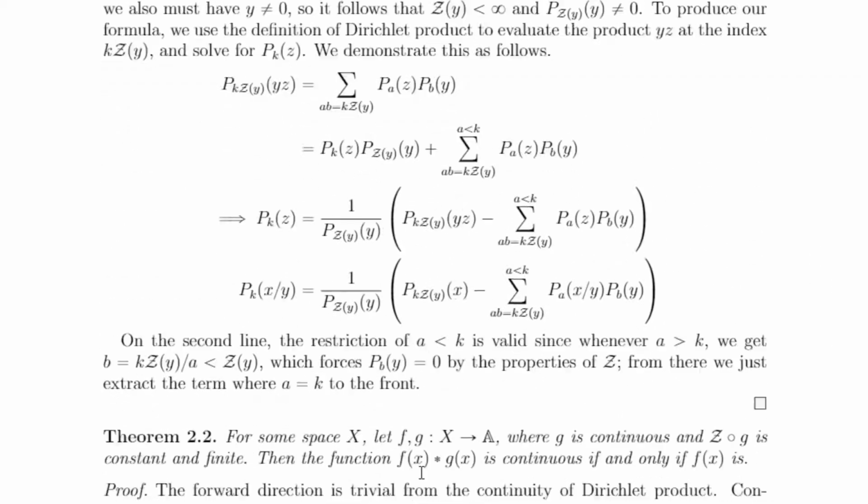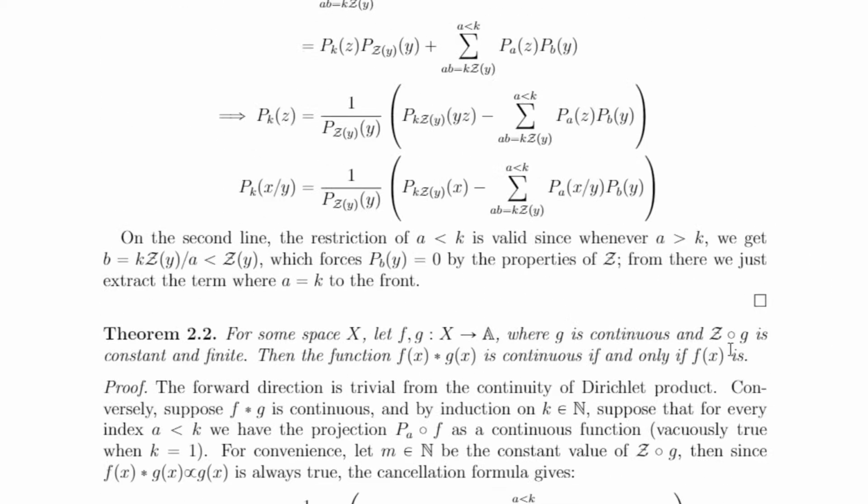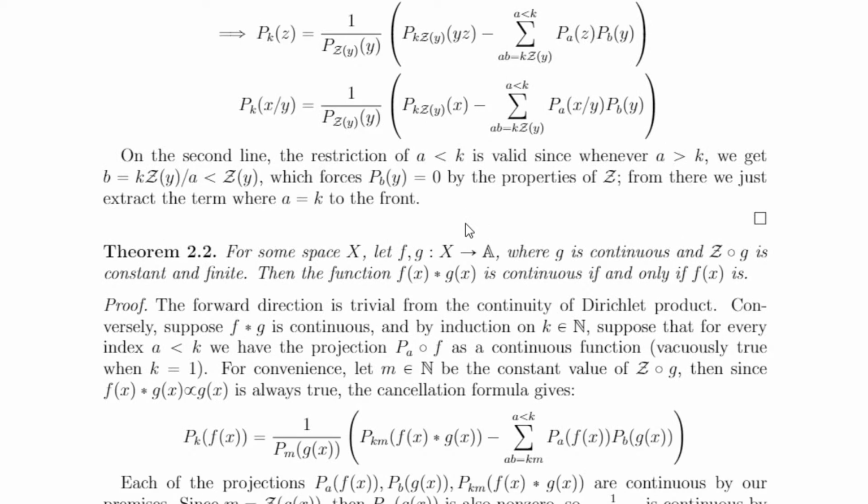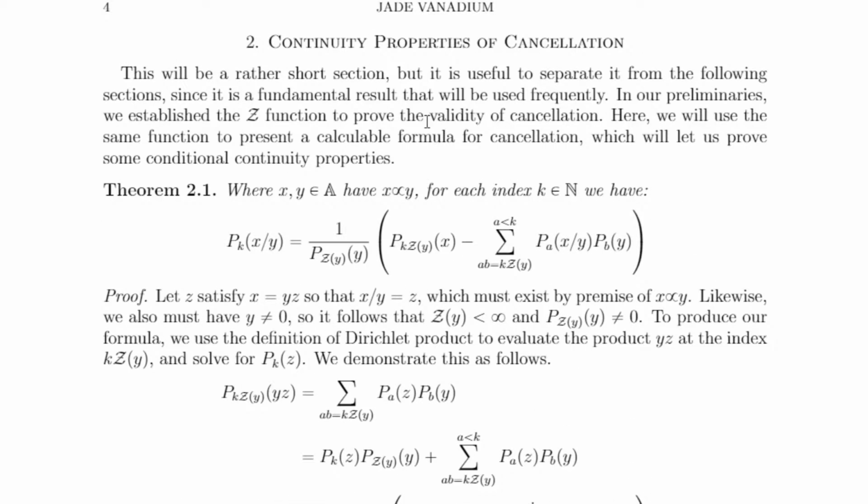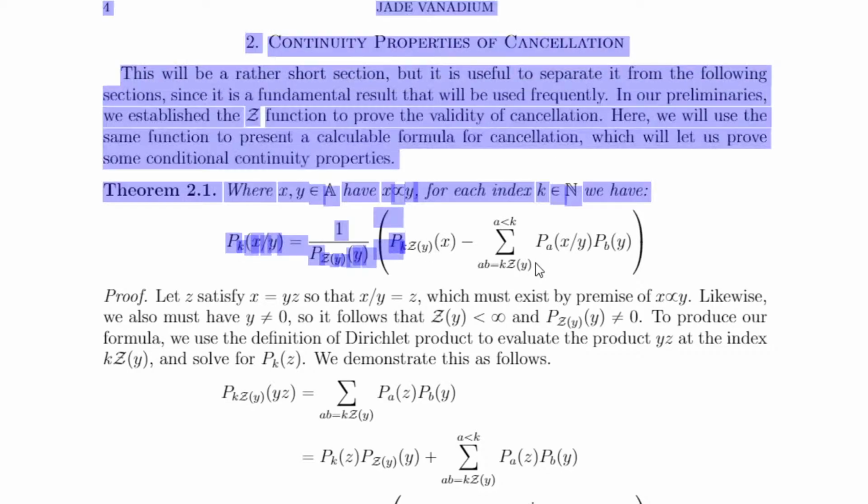So our next result makes use of this. We're going to consider some functions f and g. Remember, we're studying the continuity properties of cancellation, and that's why we have this cancellation formula here.